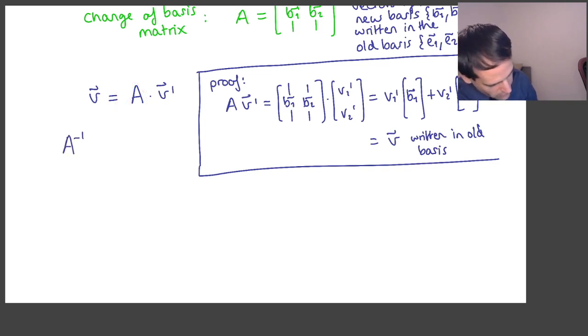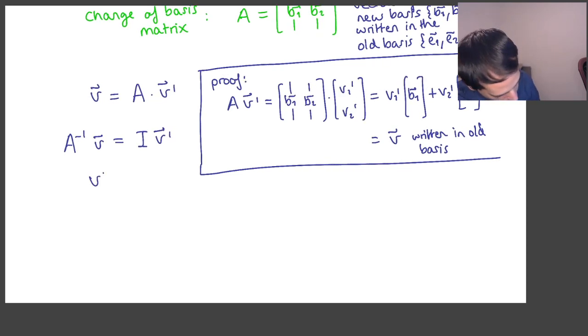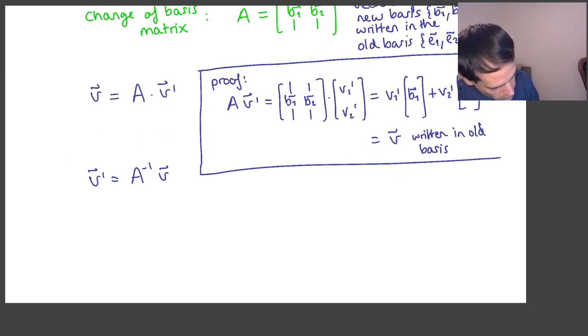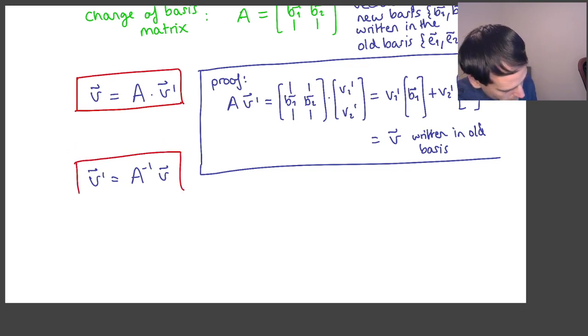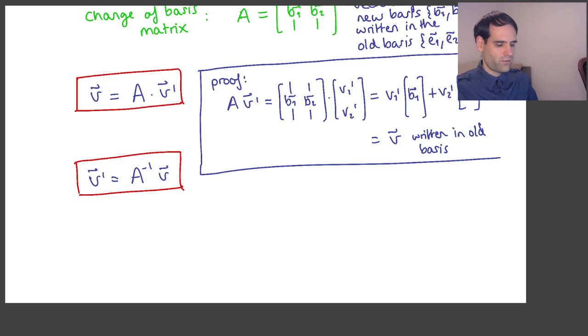So A to the minus 1 times v equals identity matrix times v prime, which means that v prime is equal to A to the minus 1 times v. And let me remove this. So this is how we can convert from one basis to another, using this matrix or using its inverse. Okay?